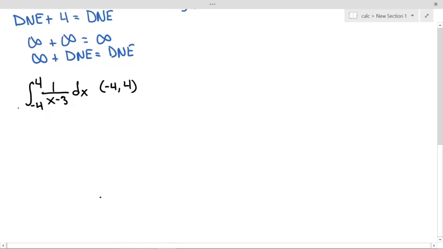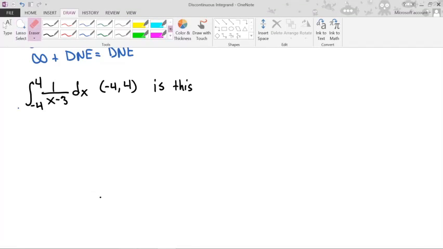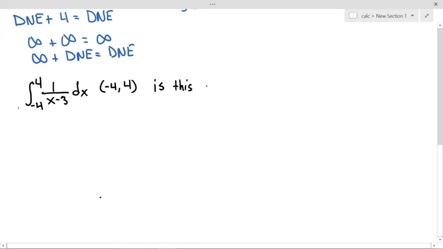I'm also going to write out whether this integral is converging or diverging.